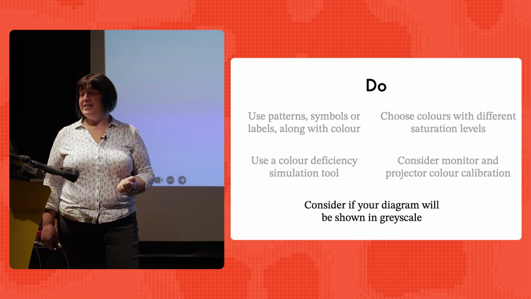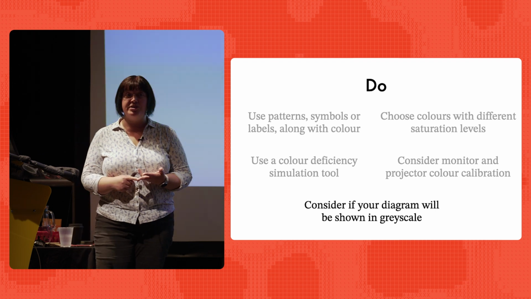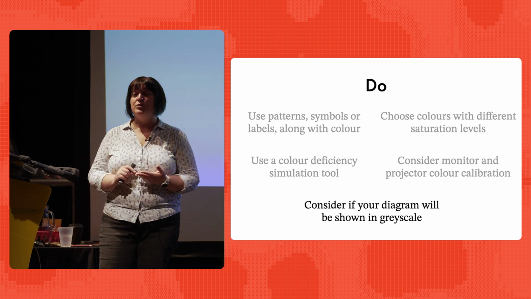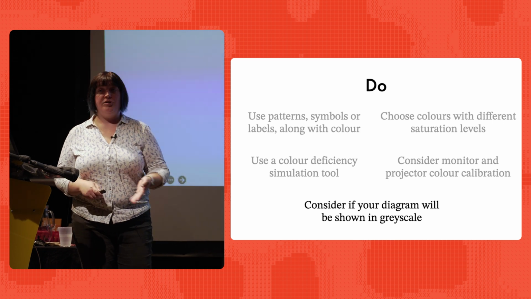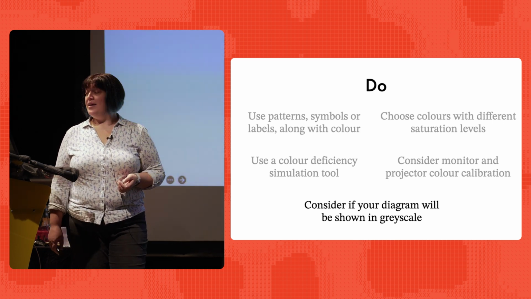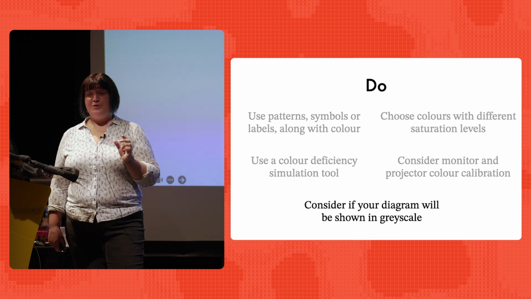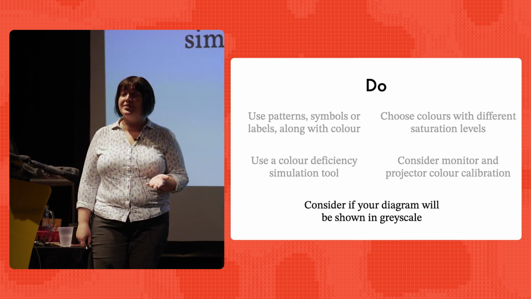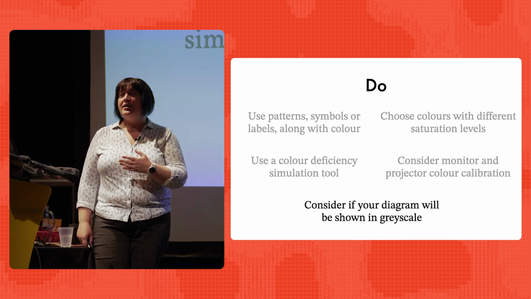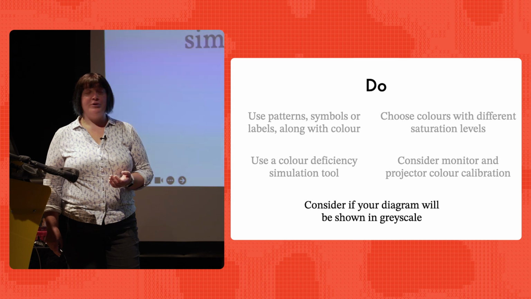So here we have a few things. We can use patterns, we can use symbols, we can use labels. Labelling things in your diagram or in a graph works as well. Along with the colour, you can throw the colour out if you want to. We can choose the colours with the different saturation levels, as I said before. We can use that simulation tool. We can consider monitor and projector colour calibration.